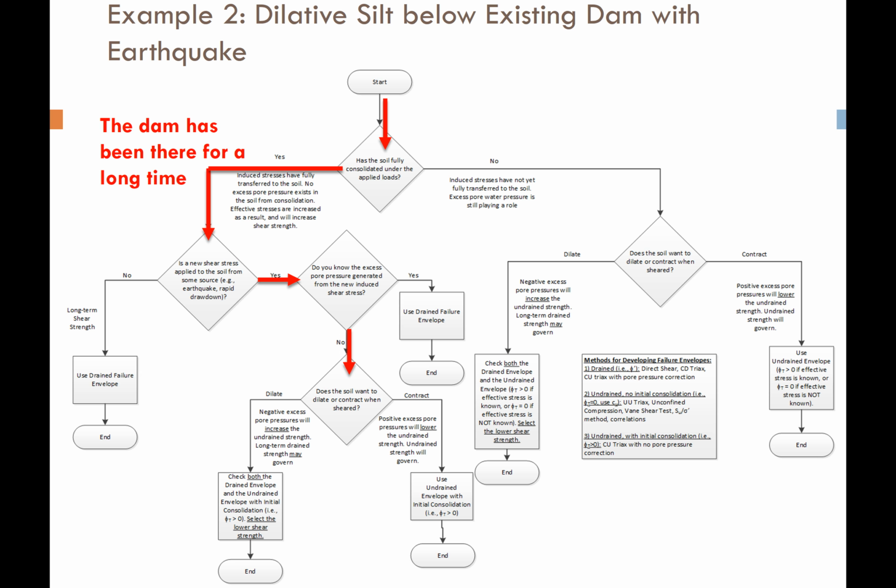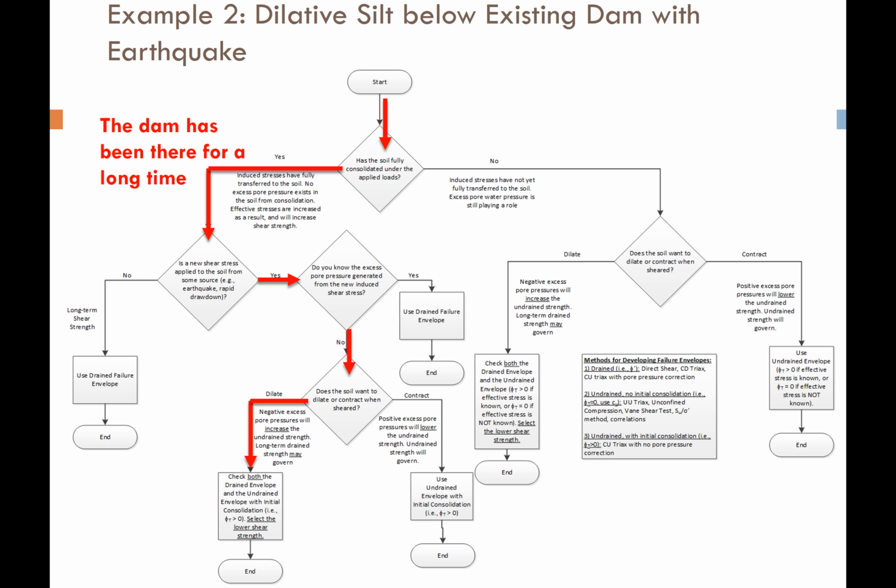Okay, so the next question and the final question, does the soil want to dilate or contract when it's sheared? The problem told us that the silt was dilative, and as a result, we can see that negative excess pore pressures from dilation will tend to increase the undrained strength in the short term. But in the long term, those undrained strengths that were temporarily increased are going to dissipate.